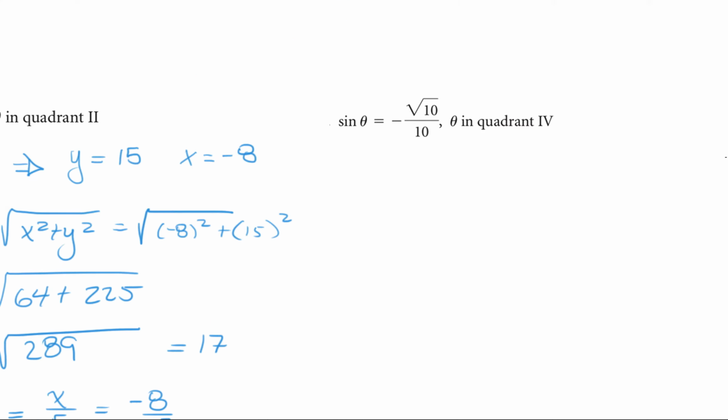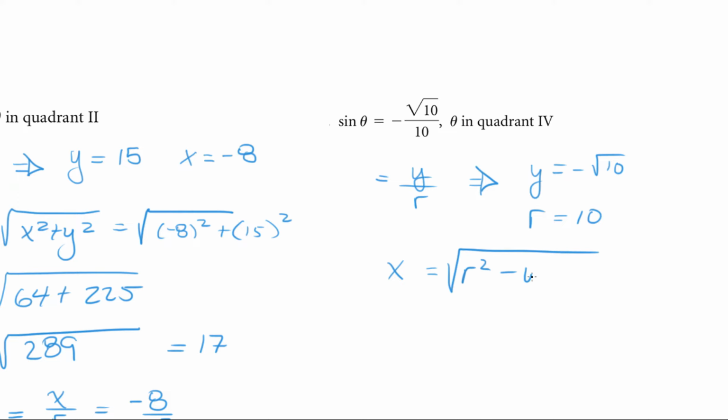Now, for our last example, sine of theta equals negative square root of 10 over 10. Theta is in the quadrant 4. If, again, this is y over r, that means that y equals negative square root of 10 and r equals 10. So we need to find x. X equals the square root of r squared minus y squared.